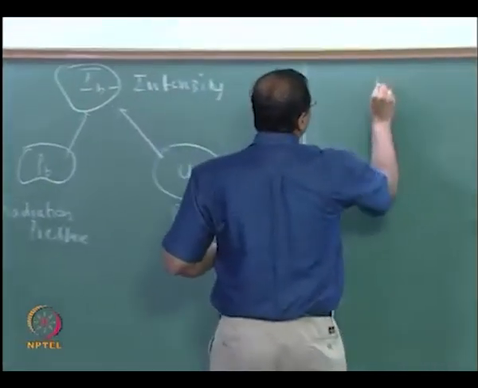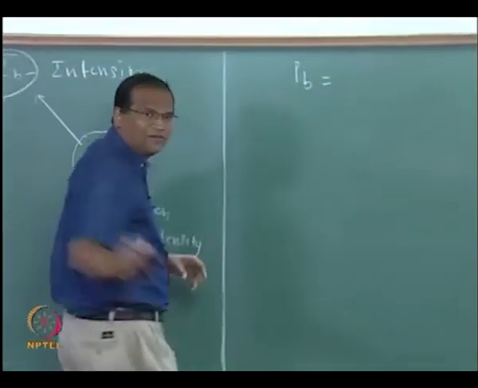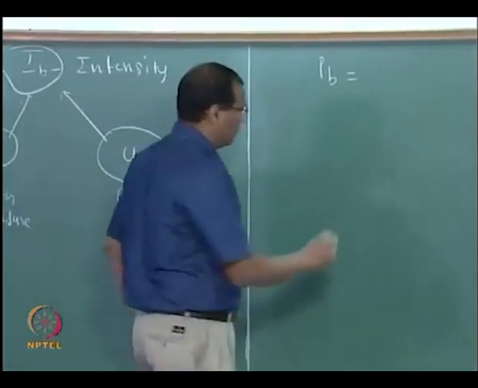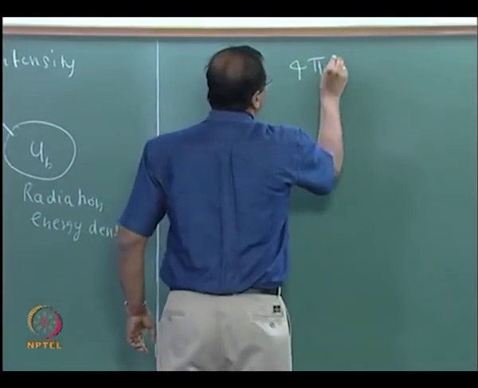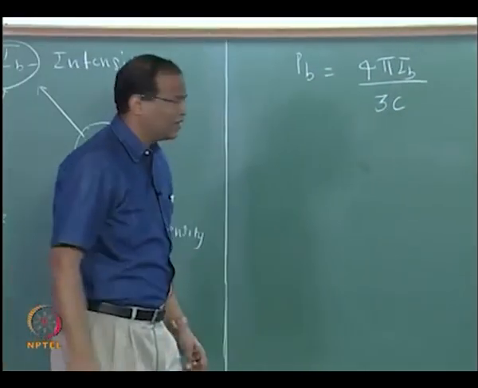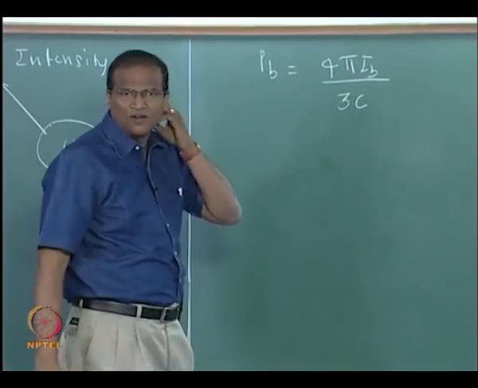So radiation pressure we got as 4 pi I_B by 3c.